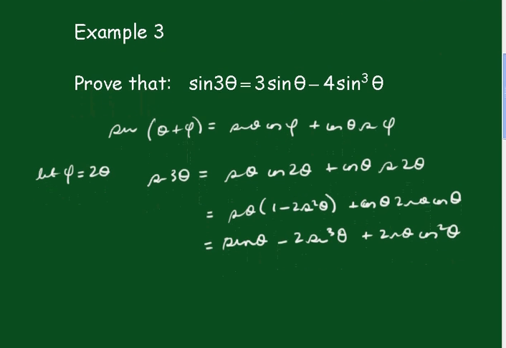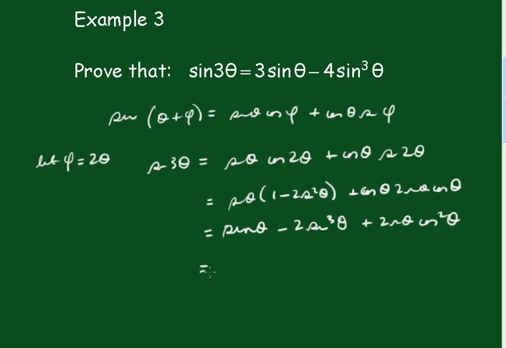Now, using that Pythagorean result, sine theta minus 2 sine cubed theta plus 2 sine theta into, now cos squared theta is 1 minus sine squared theta. So we're almost there.